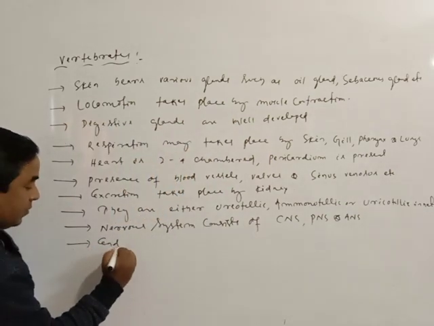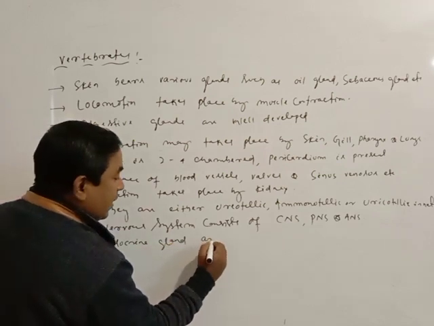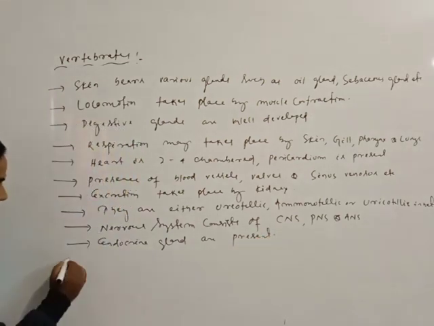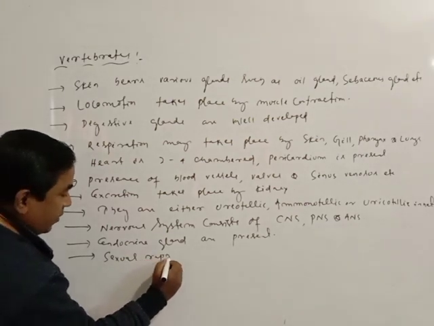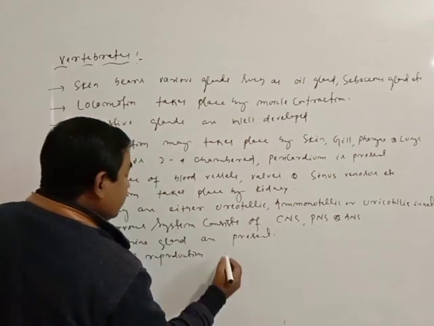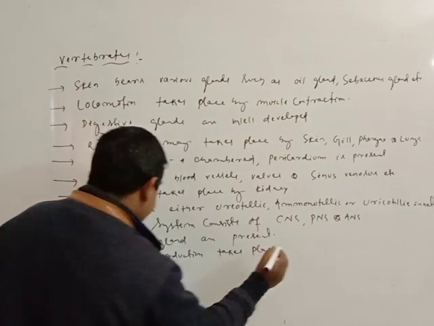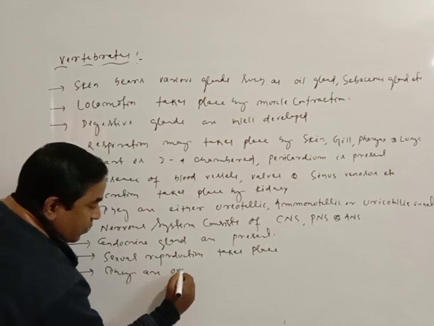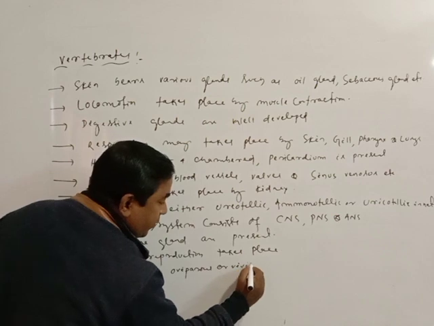Next, endocrine glands are present. Next, sexual reproduction takes place. They are oviparous or viviparous.